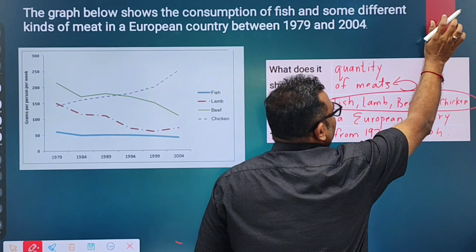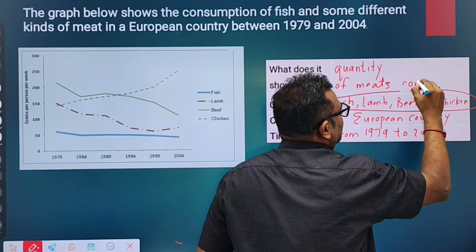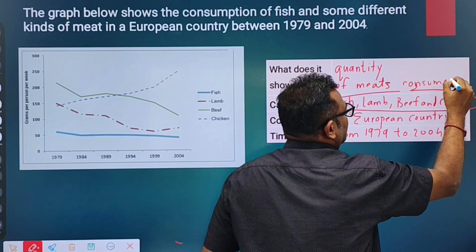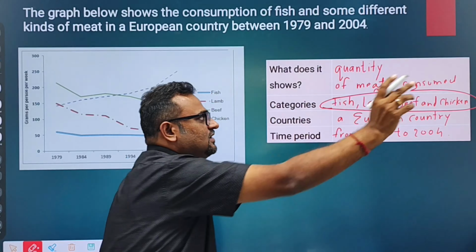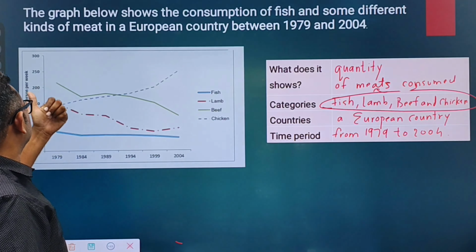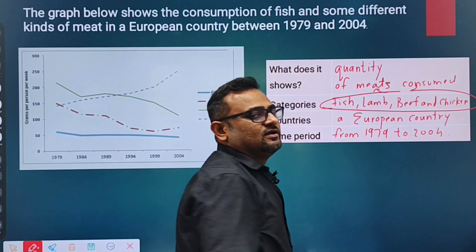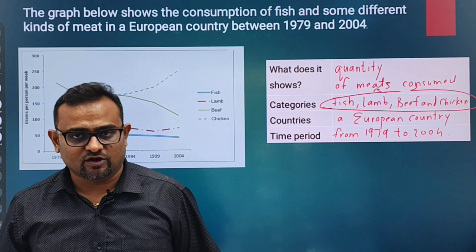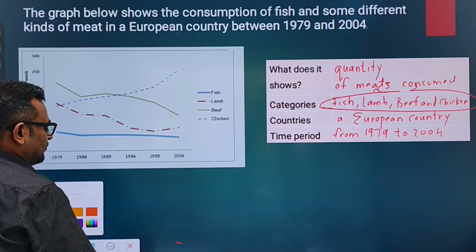So I will write down here quantity of meat consumed, and instead of meat, I will use fish, lamb, beef, and chicken. If I want to write down grams per person per week, I can write it in brackets just next to the quantity. Okay, so now let's make the introduction.